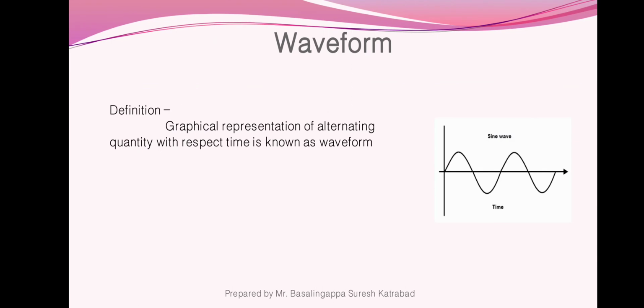A waveform is nothing but graphical representation of alternating quantity with respect to time. Either it may be voltage or current with respect to time. Figure shows the waveform with respect to time. It will be voltage or waveform of current.